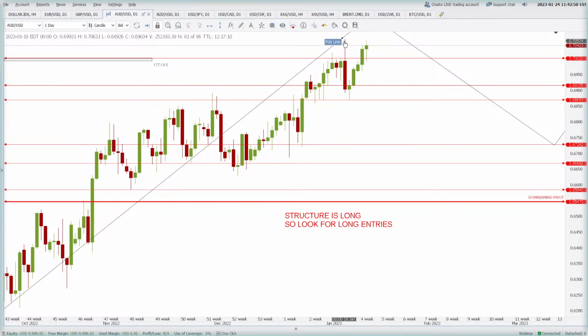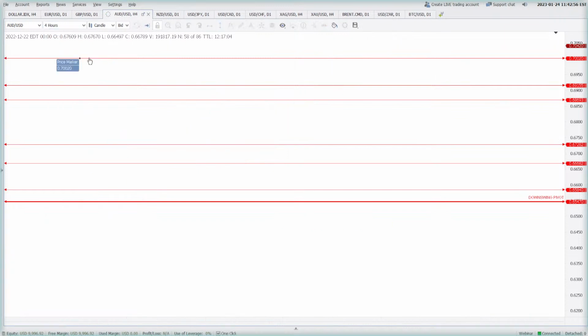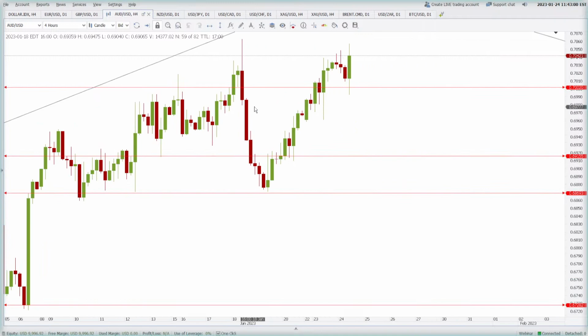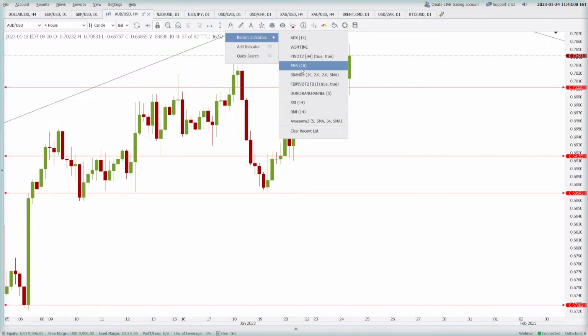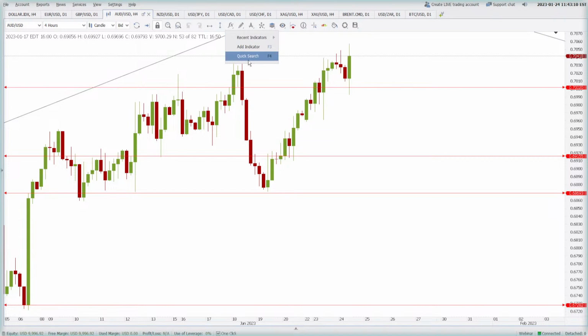Also, the point worth noting is that it has taken the support at the 0.7002 area. Now this was a very good support in the past, so if it is providing support this time also, expect a large number of buyers entering here. May I show you with the volumes if we have?